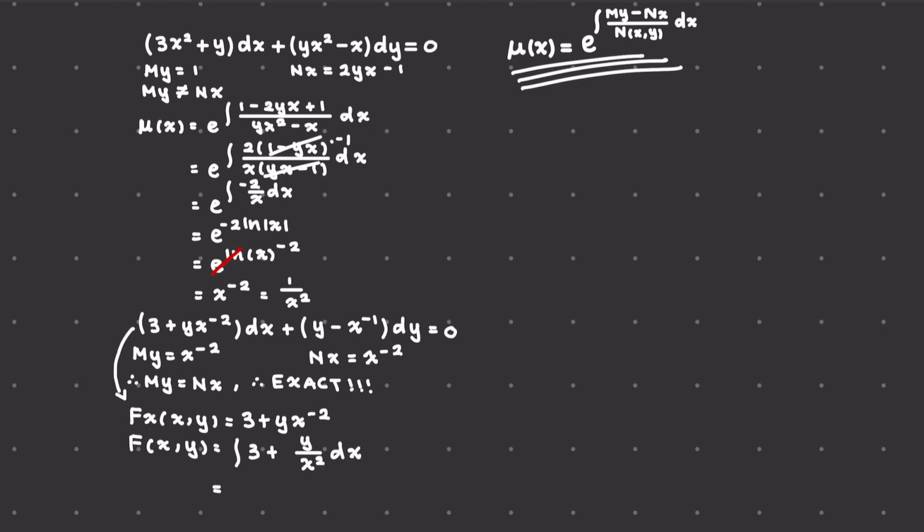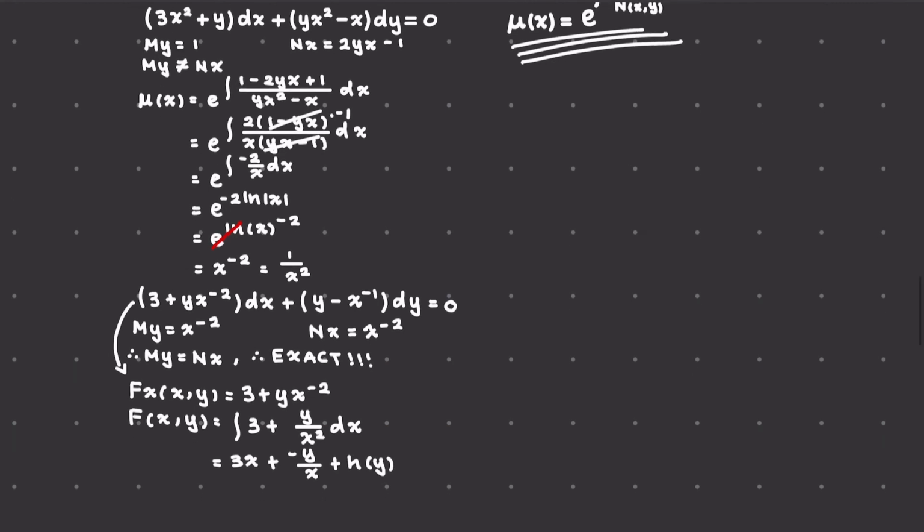The integration of 3 is 3x, plus the integration of y over x², or y times x to the −2, which is just −y over x, plus h of y, or the generic function of y.